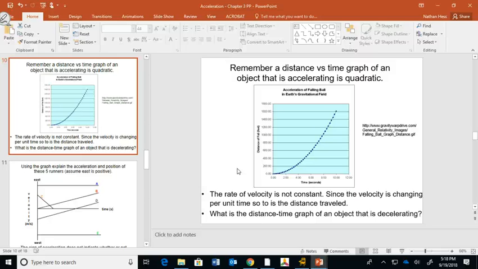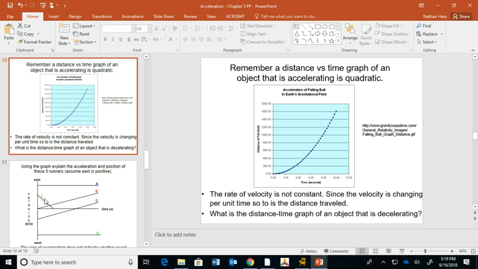So I start out with very little distance, and quickly as I accelerate, I get more and more and more. So you will always have a parabolic shape for my distance time graph. Distance time, not velocity time, distance time. And if ever there's acceleration, the velocity cannot be constant.